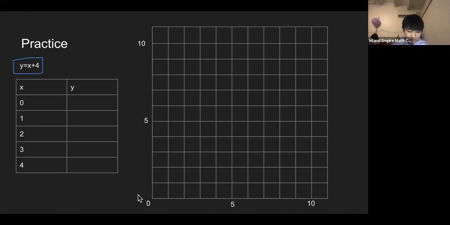Unfortunately, y would not actually be 3, but that would work with some other kinds of equations. Since we're doing y equals x plus 4, it would be 4. So y would equal 4. Plotting this on the chart, it would be right here. Does this make sense to everybody?